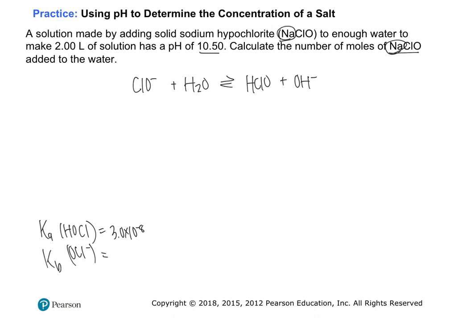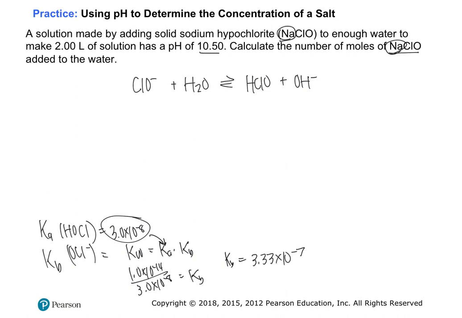To find that, I'm going to do Kw equals Ka times Kb. Now we know the Ka goes right there. So I'm going to do 1 times 10 to the negative 14 divided by the Ka equals Kb of hypochlorite. So let's do that. 1 times 10 to the negative 14 divided by 3 times 10 to the negative 8. And I get my Kb for hypochlorite is 3.33 times 10 to the negative 7.